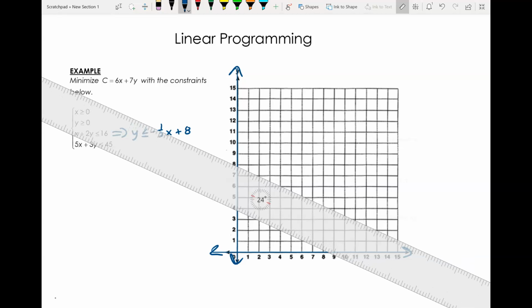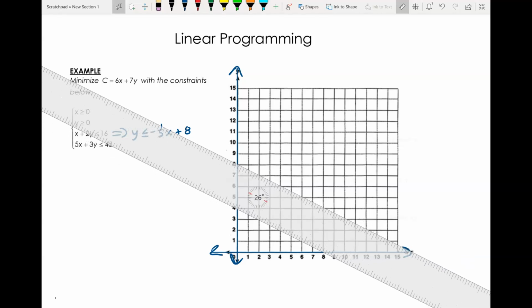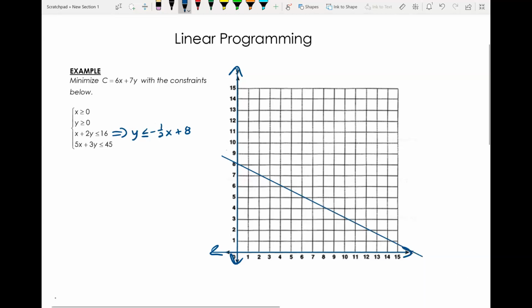So let's put that together. That would look like something like this, I believe. Looks pretty close. You could see that it's actually going to hit at 16 right there.